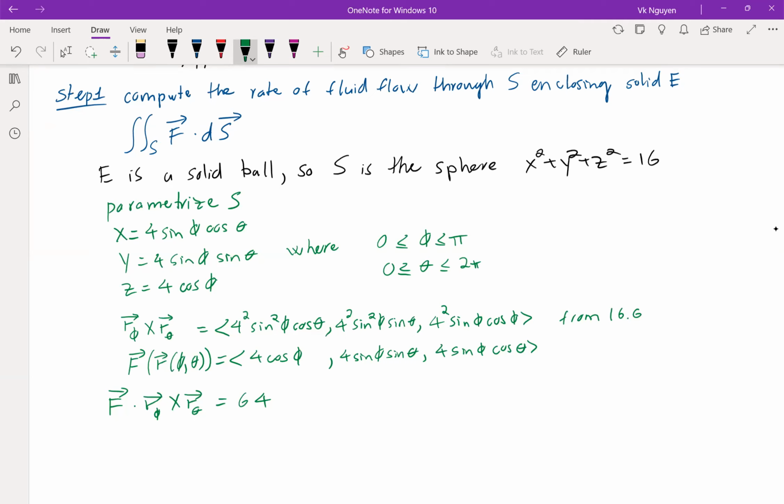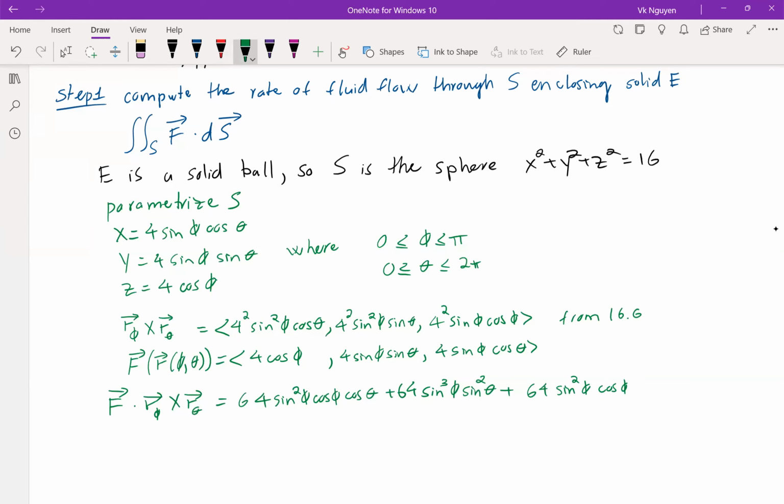Sine squared phi cosine phi cosine theta plus 64 sine cubed phi sine squared theta plus 64 sine squared phi cosine theta.